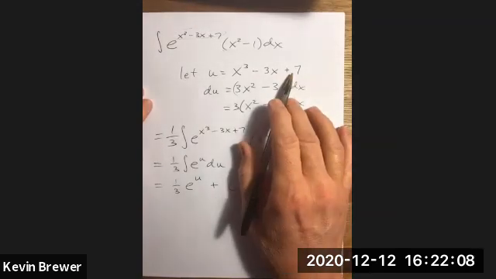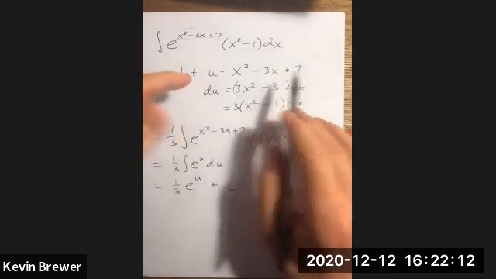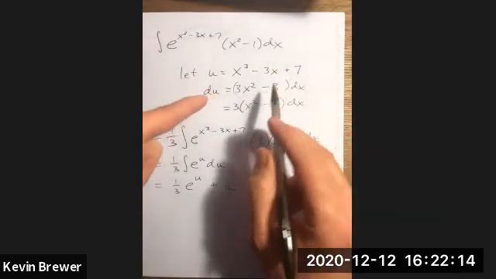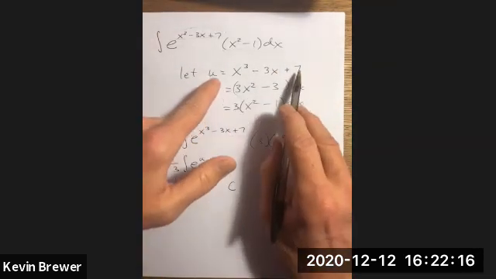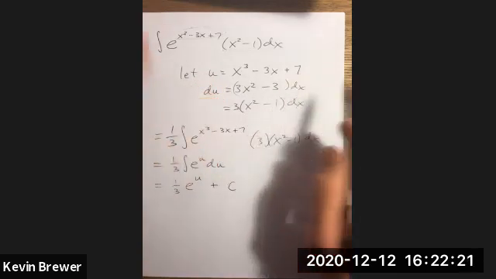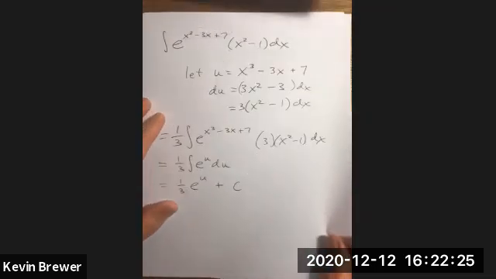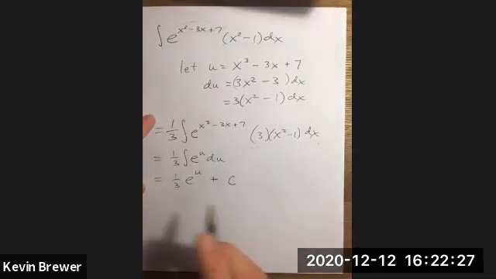Anyway, I didn't write it here. Fortunately, I did write it here. Notice the reason I didn't discover it until the end is because it didn't affect the du, because the derivative of 7 is a constant. But I now finally noticed it.